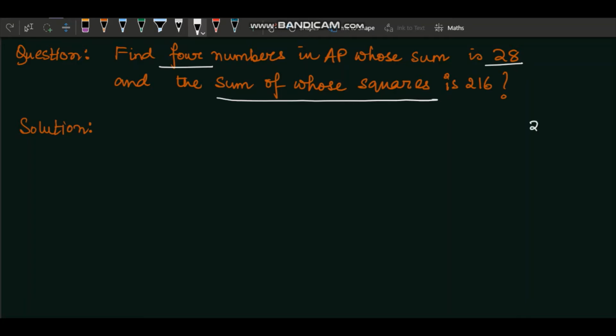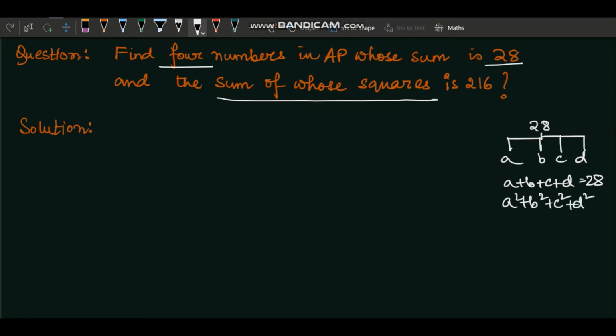So basically you have to divide 28 into 4 different numbers, say A, B, C, D, such that A plus B plus C plus D is obviously 28. The sum of their squares, that is A square plus B square plus C square plus D square, is 216, and the 4 numbers should be in AP. So that means A, B, C and D should be in AP.